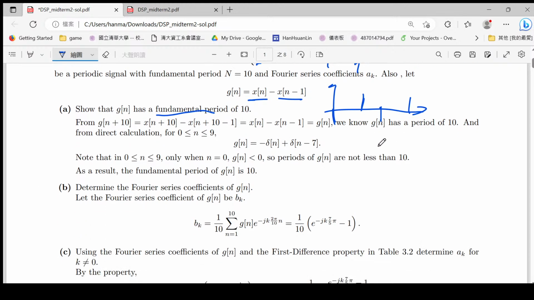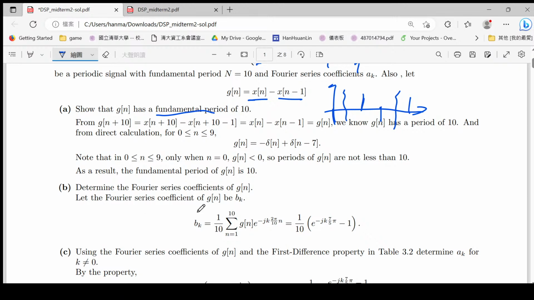Basically, you want to write down g of n, and you find out that in this period of 10, there is only one place where it has a negative value, so it's impossible to have a smaller fundamental period, because you shift it around, you will shift this negative spike, and so g of n cannot have a period smaller than 10. So the period 10 is the smallest period. Okay, so it's very easy.